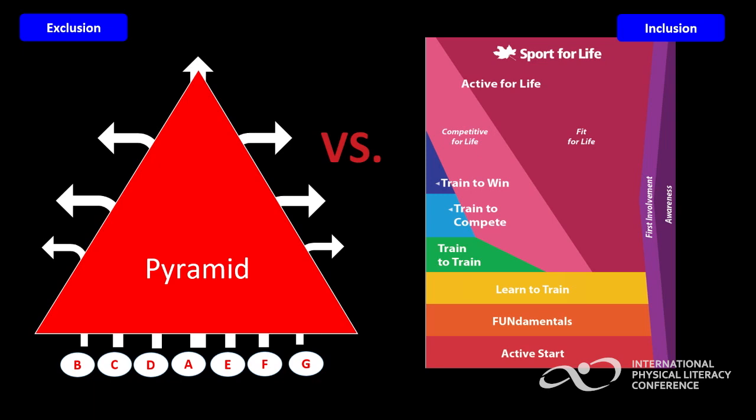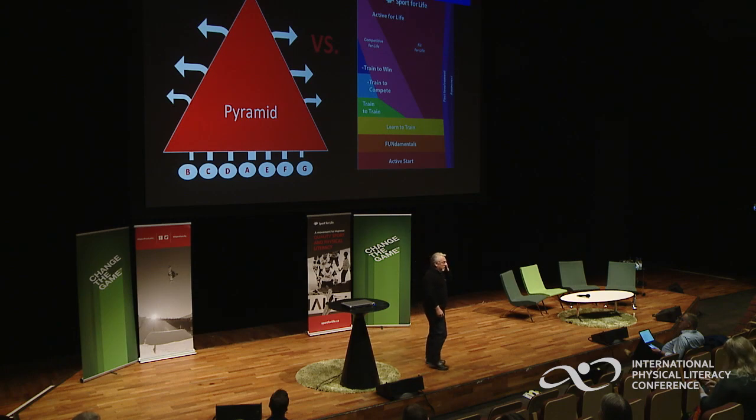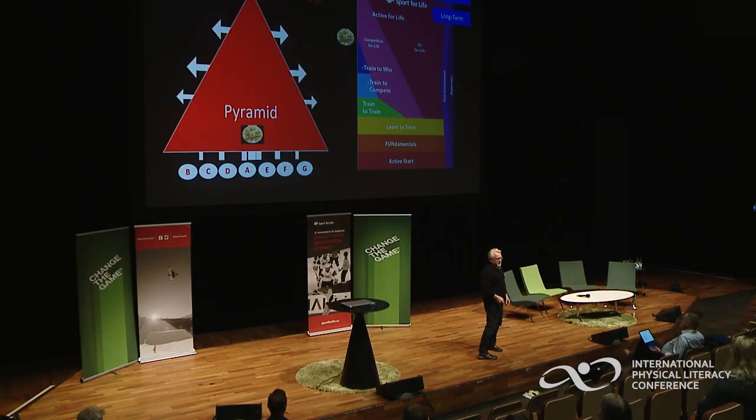But then as they go on their journey, their physical literacy journey, or their journey in terms of development as athletes, wherever they are, they're included and they're honored in that inclusion. So, again, the pyramid, it's a system of exclusion. It's taking a group, systematically getting rid of them, as opposed to the rectangle.